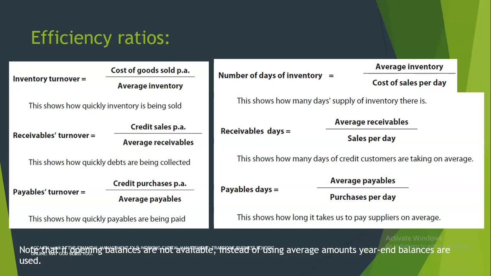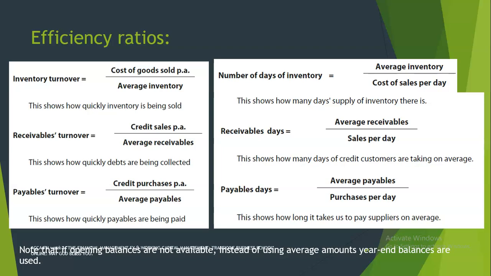This shows how quickly inventory is being sold. Inventory turnover is equal to the cost of goods sold per annum divided by the average inventory. That's the purpose of that ratio.